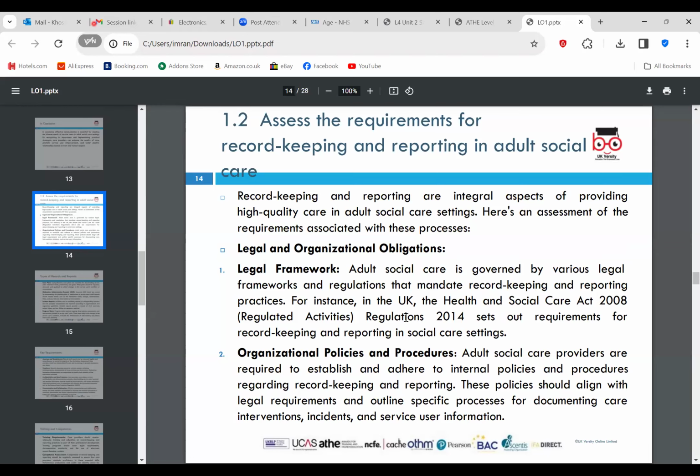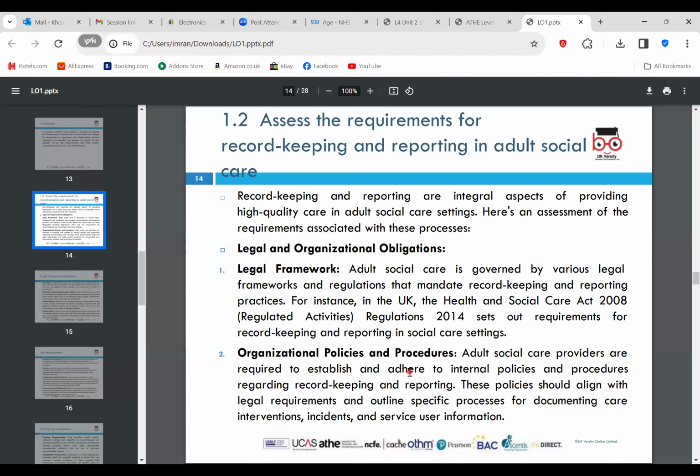So there's a legal framework. Adult social care is governed by various legal frameworks and regulations that mandate record keeping and reporting practices. In the UK, you have the Health and Social Care Act 2008, with regulations in 2014, that sets out requirements for record keeping and reporting in social care settings.